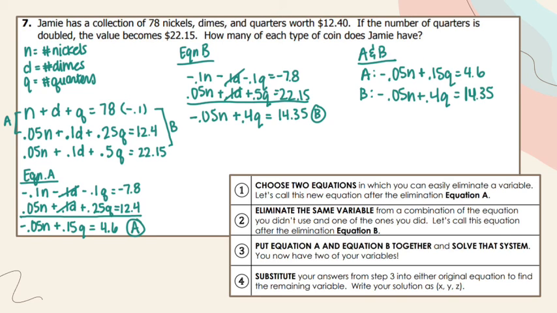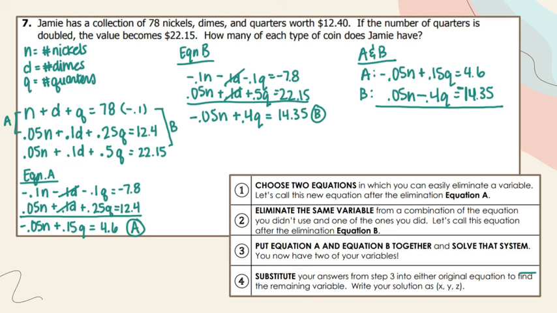So I am going to multiply B by -1 and change all the signs. I'm just going to go in here and change my signs. The first one changes to positive, the second one becomes a negative, and then our number on the right side becomes a negative.